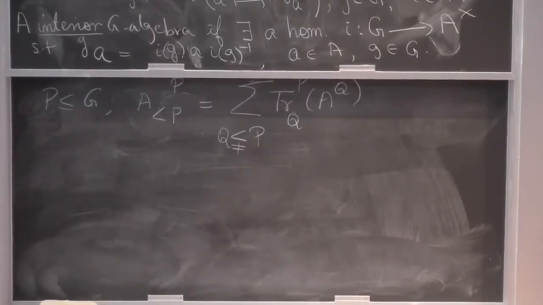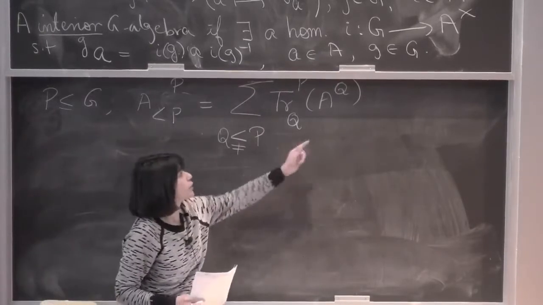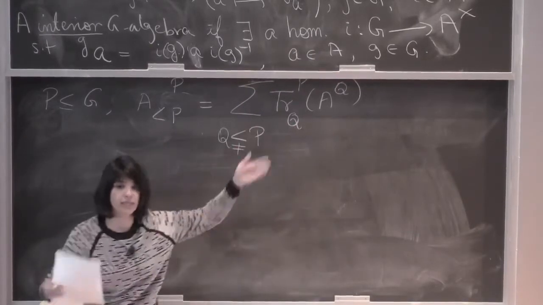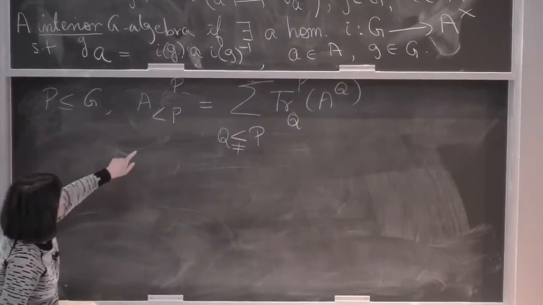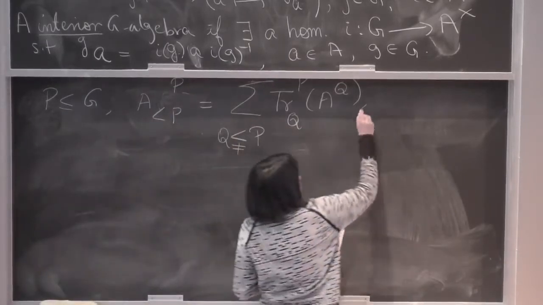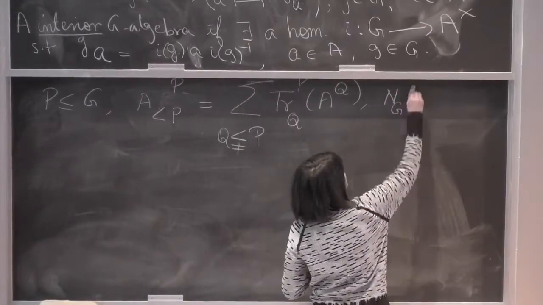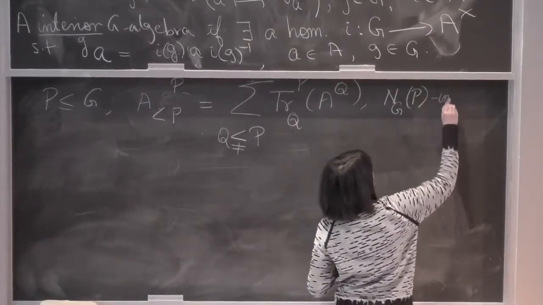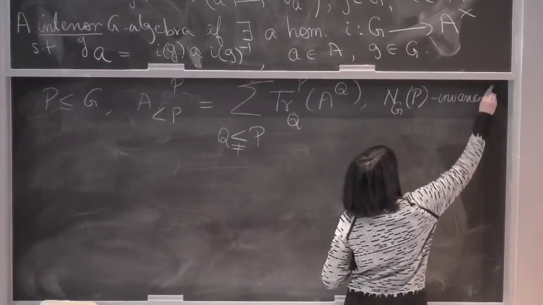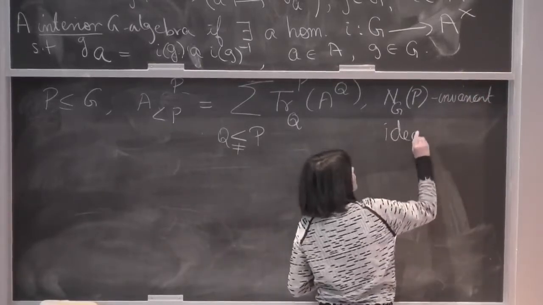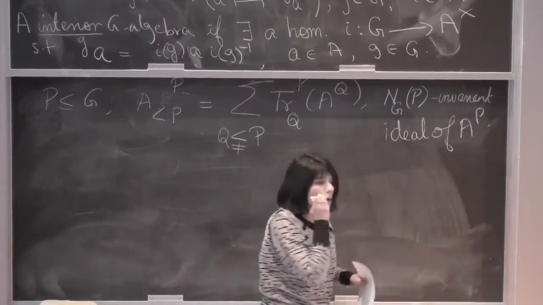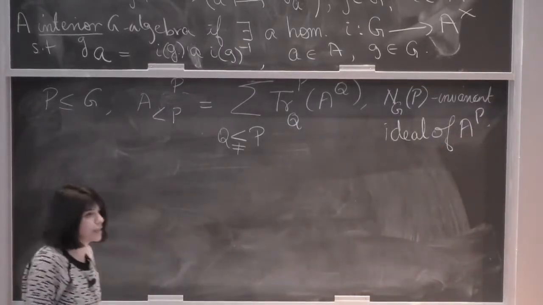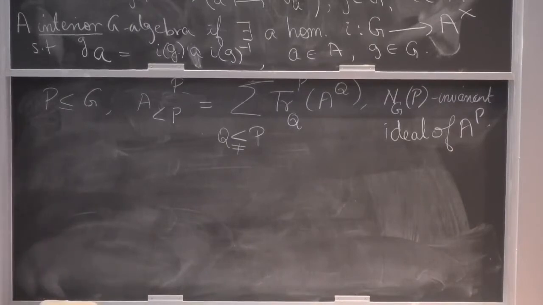Each of these, we saw, is an ideal. So I'm taking a sum of ideals inside A^P. Now this one, I can be sure, is an N_G(P)-invariant ideal of A^P, because I'm allowing all proper subgroups, so conjugation is not going to affect this ideal.